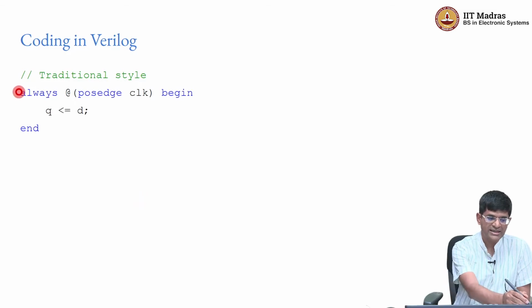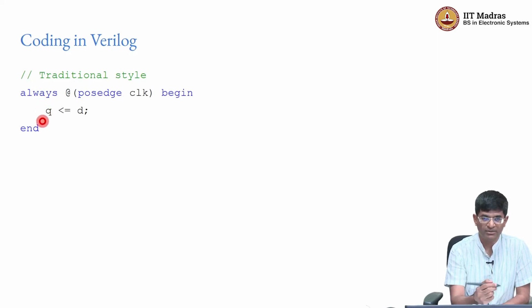Because there is an always begin end block, and it's optional to have the begin end, but typically we do have it. If there are multiple statements within the begin and end, those happen one by one in sequence, so it runs like a procedure in a programming language. That's what we mostly mean when we talk about procedural description.